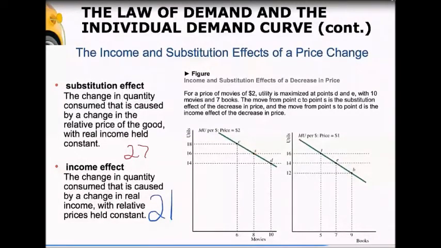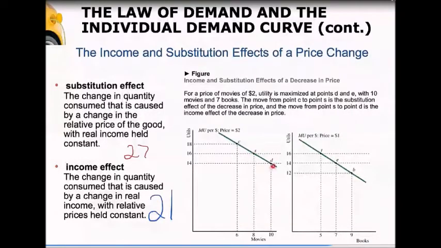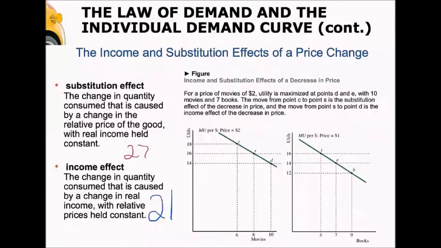So instead of buying at the point S with 8 movies, we would buy at point D with 10 movies and point E with 7 books. That's how much we would buy if we had $27 at our new prices of $2 and $1. And again, we can see we would be getting 14 utils per dollar from movies, 14 utils per dollar from books, and we'd be spending all $27.